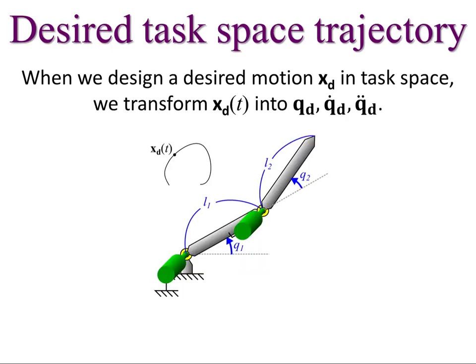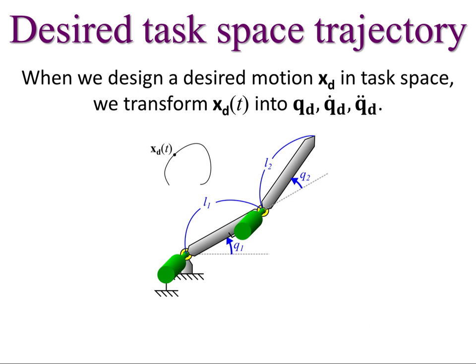In the explanation of the computed torque method so far, the desired trajectory was designed in the joint space. However, in practical applications, it is often the case that we design the desired trajectory of the robot hand.